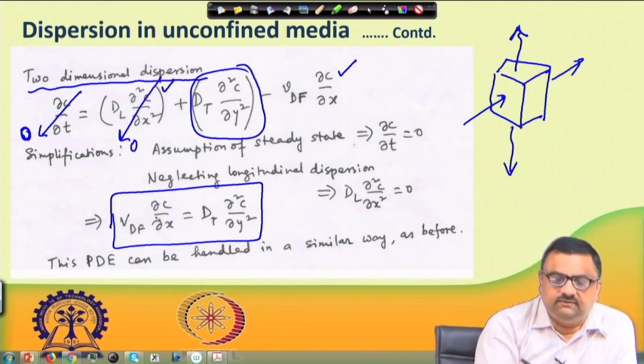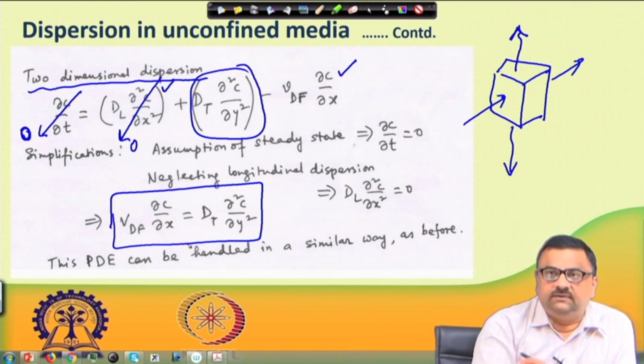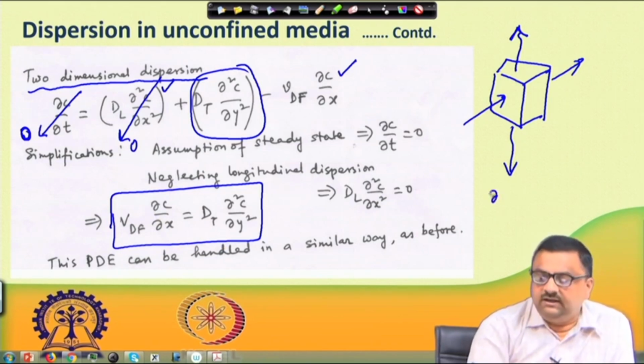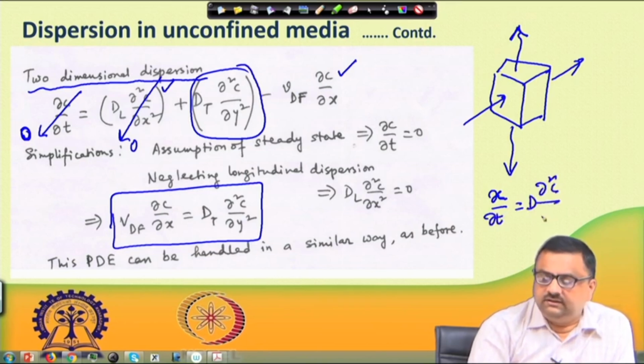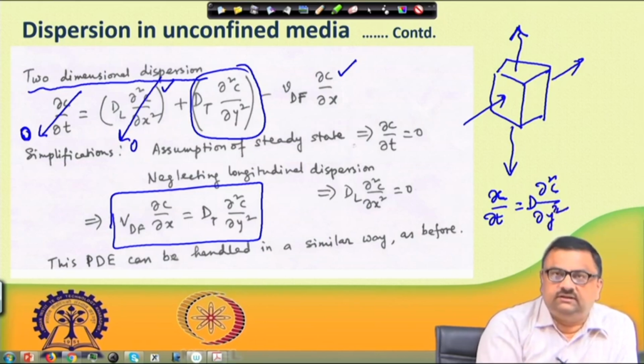This is very similar to what we had there, because at that time we were solving del c by del t is equal to D del square c by del y square.